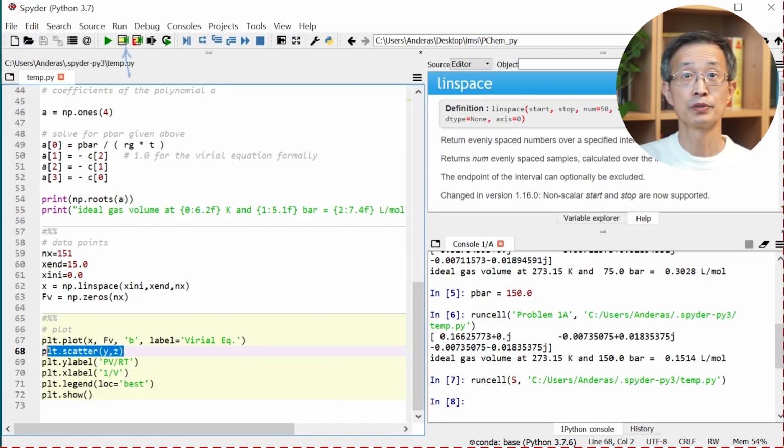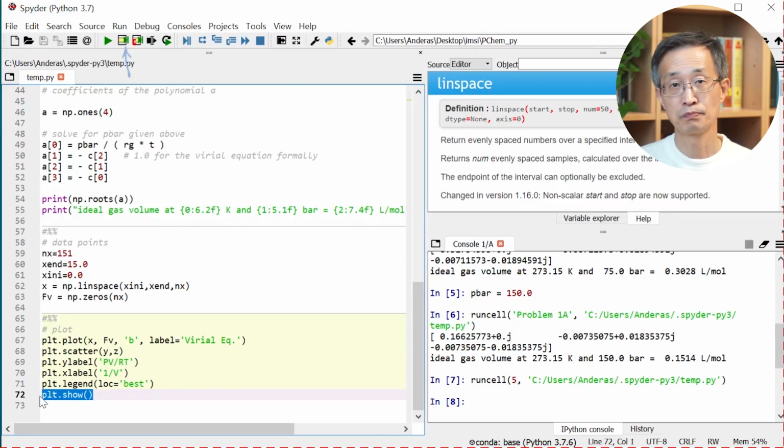So we put the data points given in problem 1.7, just to see how well it fits. The x-axis label is 1 over b bar, though I don't have the over bar. The y label is PV over RT, or compressibility factor. The legend will be put in the best place, and PLT show will show the plot. So let's run this and see how nice it is.